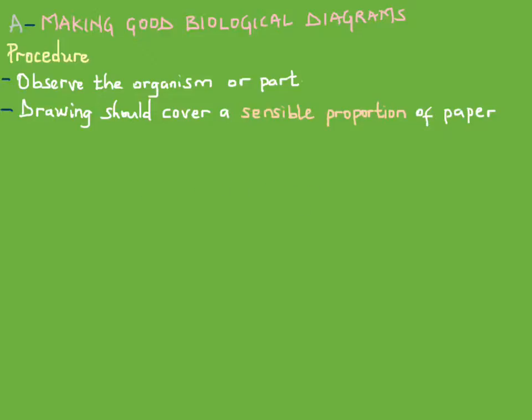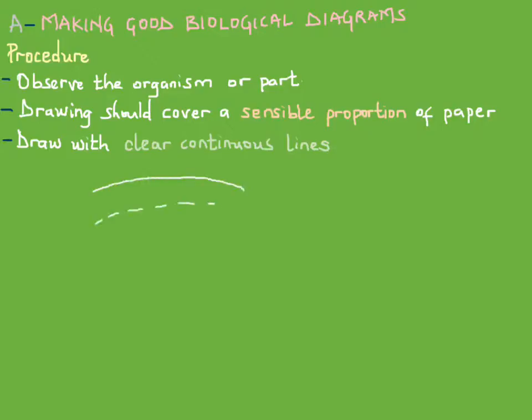It is also necessary to note that you have to draw with clear, continuous lines. Dotted or broken lines are not acceptable because they are not clear. Always use an eraser to rub out any unwanted lines.